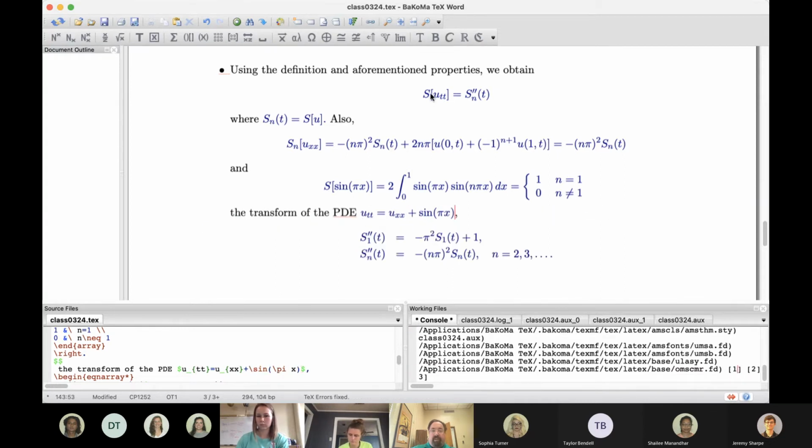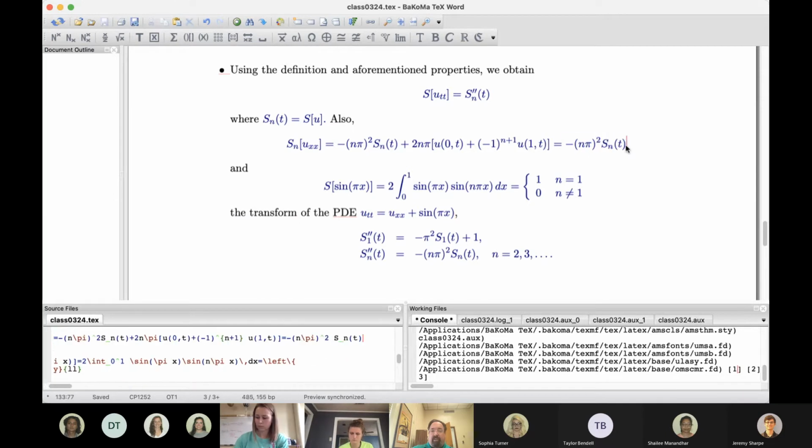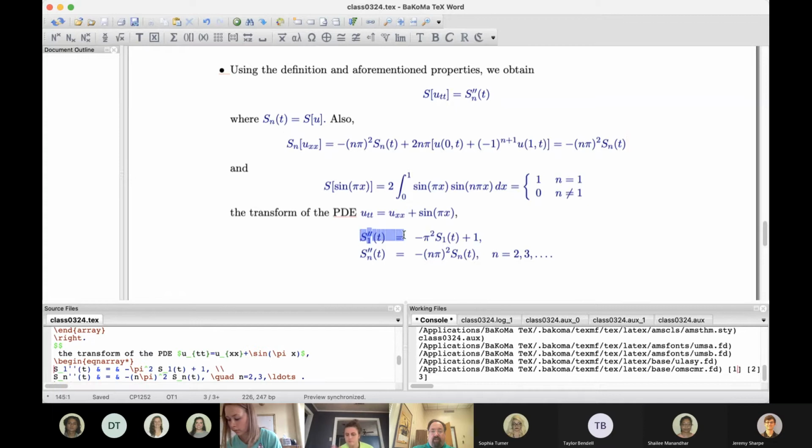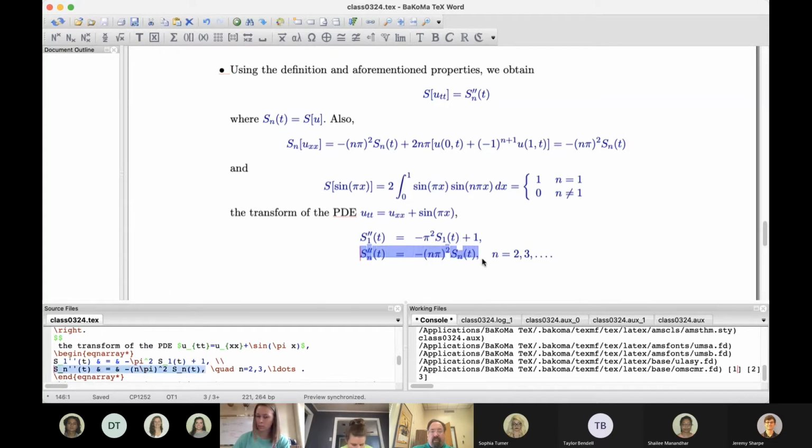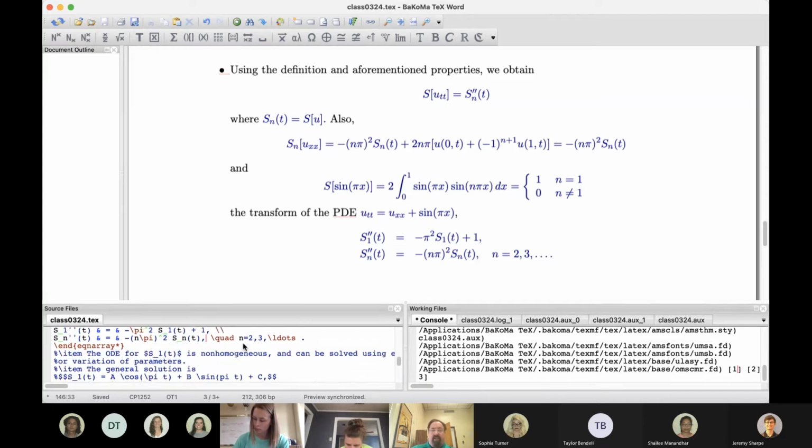The transform of u_tt goes on the left side, the part from u_xx goes on the right side, and only for n equals 1, we include this. So taking a transform of the PDE, we get this family of ODEs that we can solve for S_n of t. For n equals 1, we have this special case that involves the source term. For all other values of n, we have this. Any questions about how the ODEs came about from the PDE?